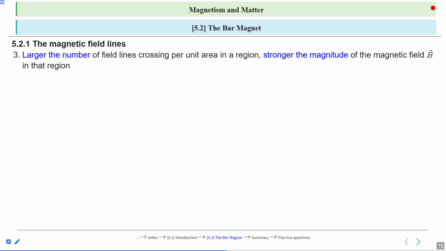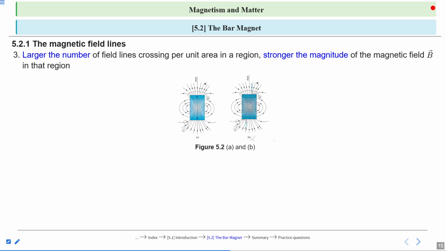You can see in the pattern of magnetic field around a bar magnet or solenoid, near the ends, magnetic field lines are closely spaced. So near the ends, the magnetic field strength is strong, and outside the magnet, in the middle of the magnet, magnetic field lines are farther apart.